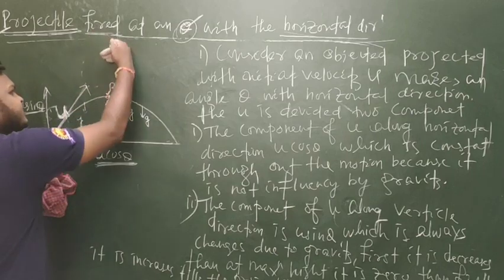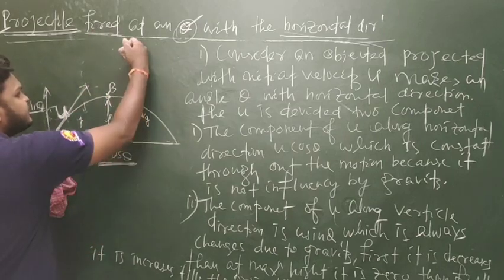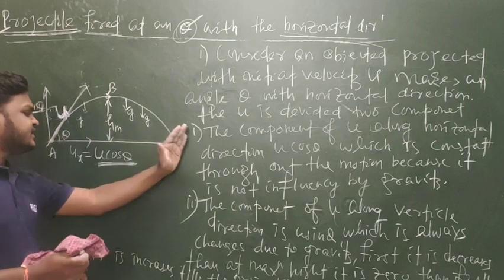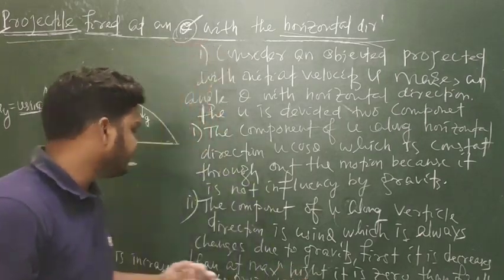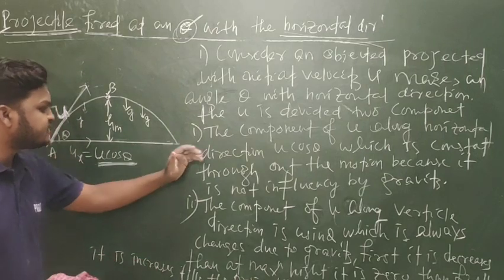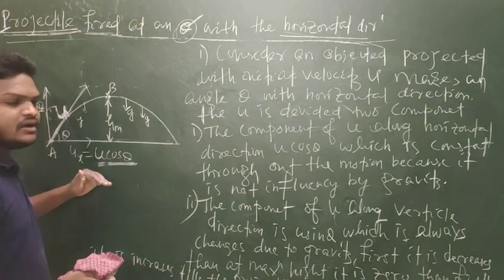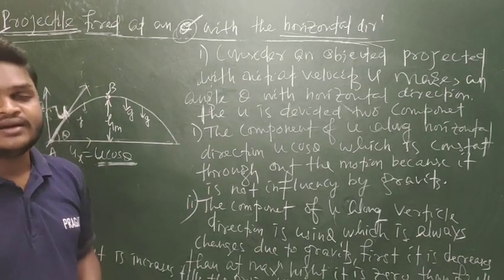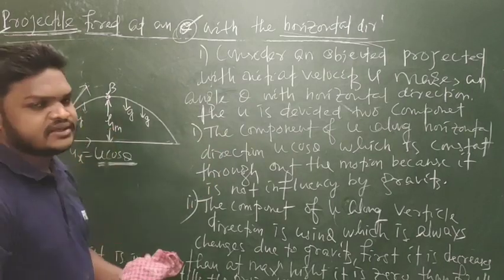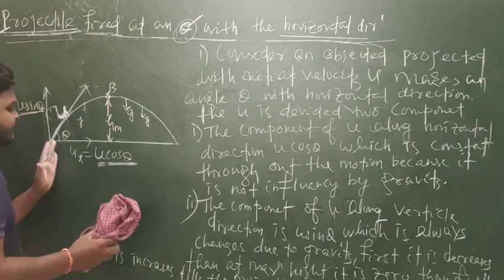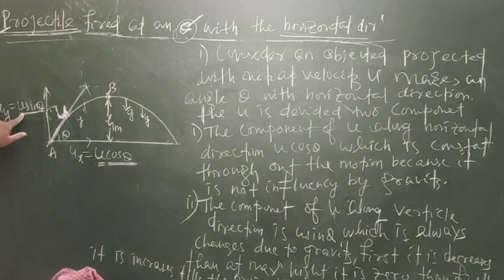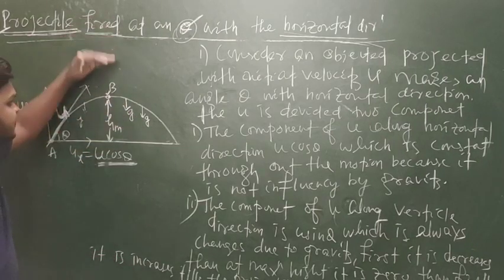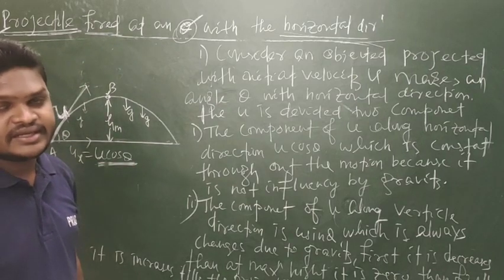Gravity is always exerted towards the center of the Earth in the vertical direction, but horizontal velocity is in the horizontal direction. So horizontal velocity is not influenced by gravity, because gravity is vertical and the velocity is horizontal. But vertical velocity is influenced by gravity, because vertical velocity is also in the vertical direction, toward the center of the Earth.